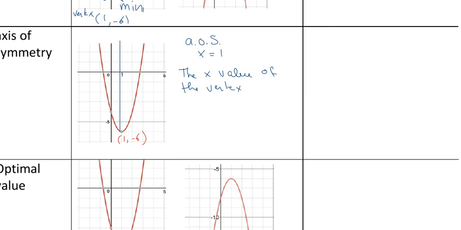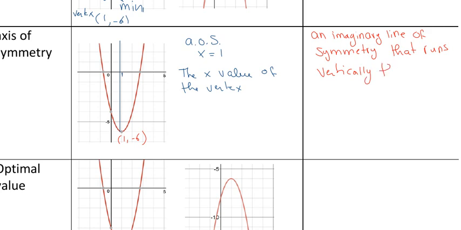So it's an imaginary line of symmetry that runs vertically through the vertex.